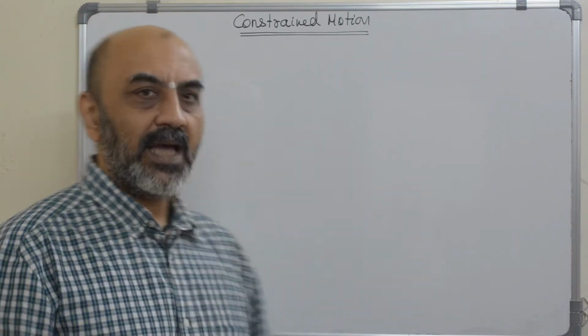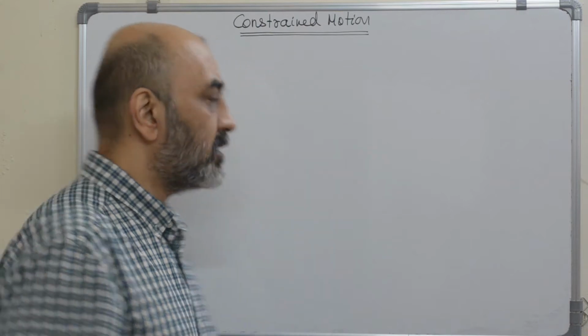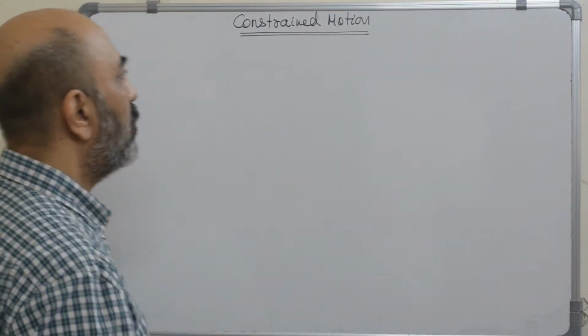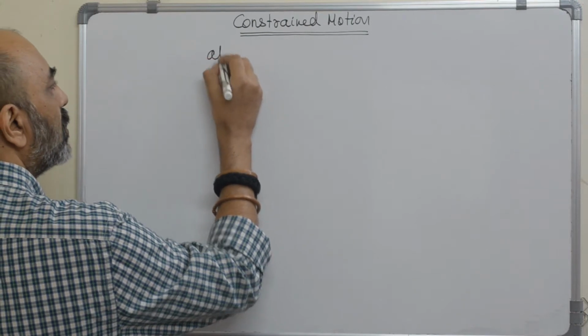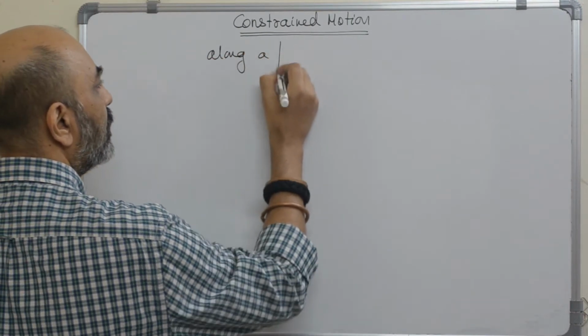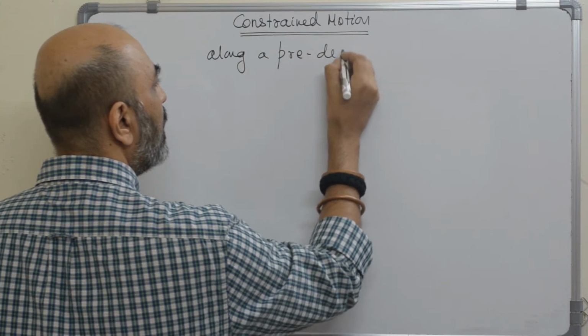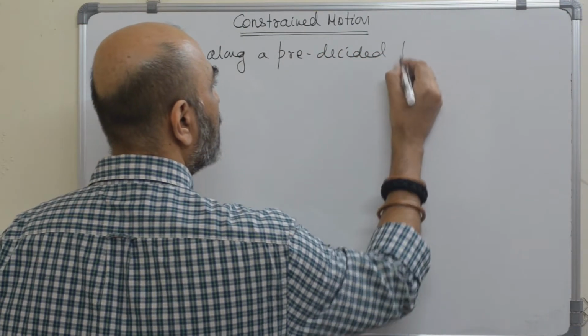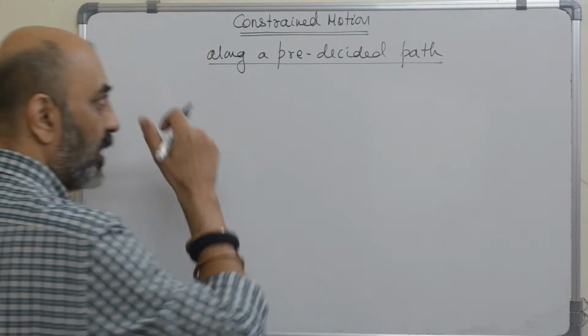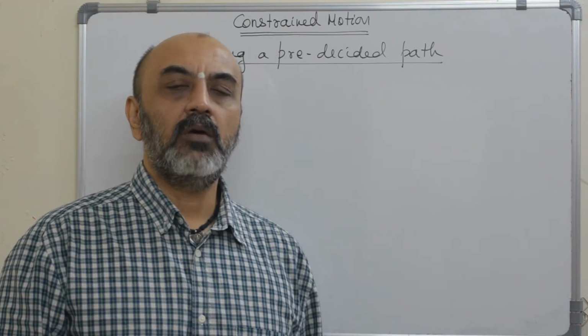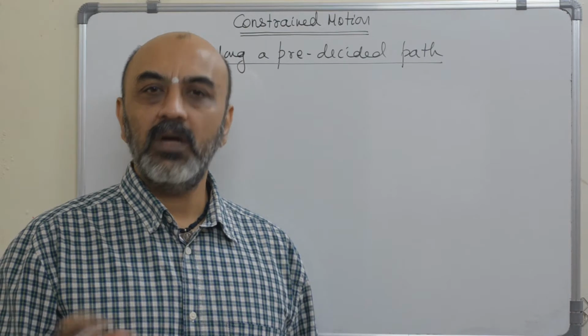So what would the exact definition of constrained motion be? Constrained motion would be an example where a body moves along a pre-decided path. I repeat, a body moves along a pre-decided path. So when you're saying it is moving along a pre-decided path, you evidently know it is not free.